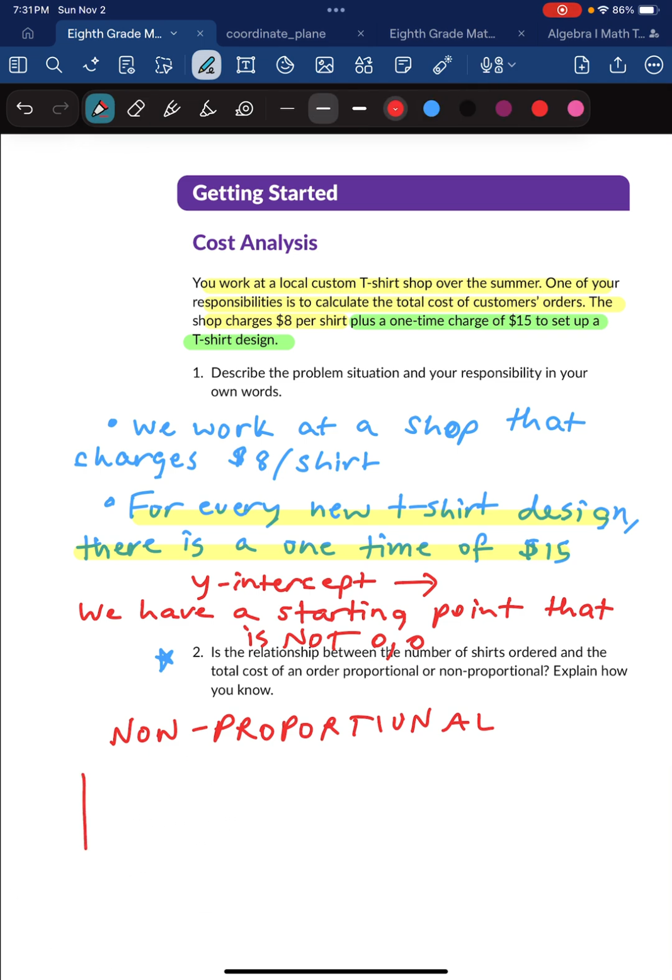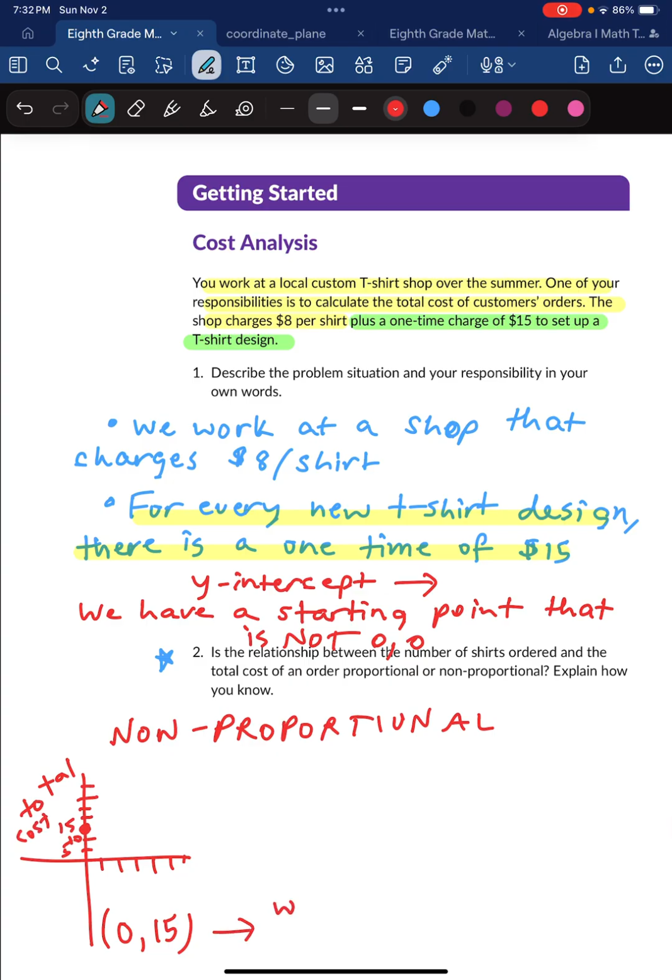We have a shirt is $8 each, but we're going to start with a one-time fee of $15. So we're going to start at 0, 15, because we're always going to have to pay that one-time fee of $15.